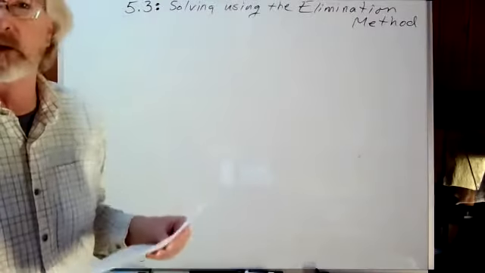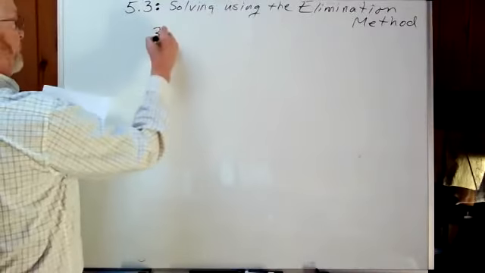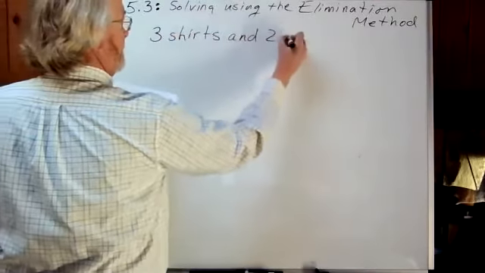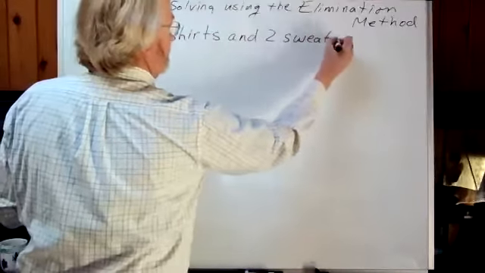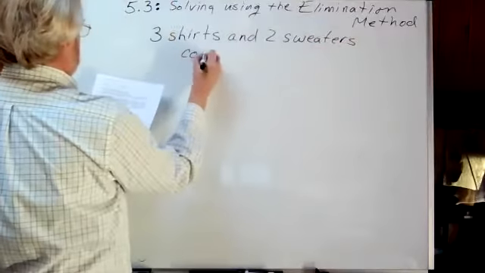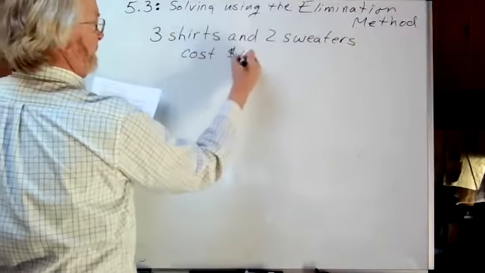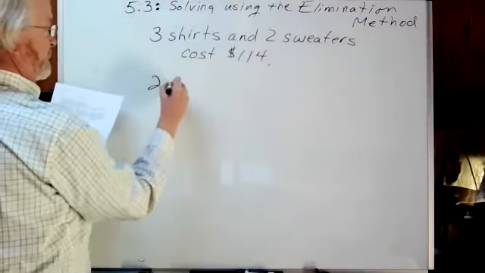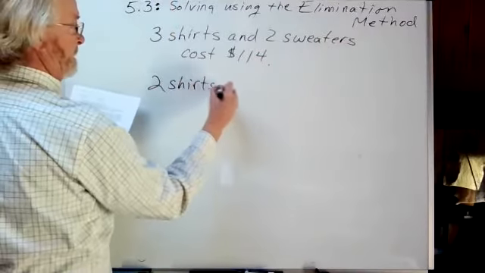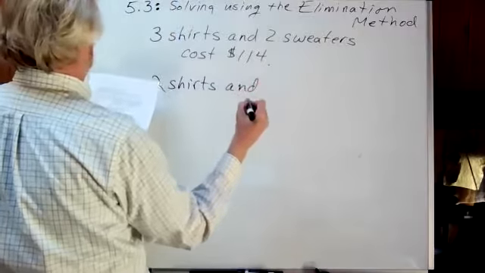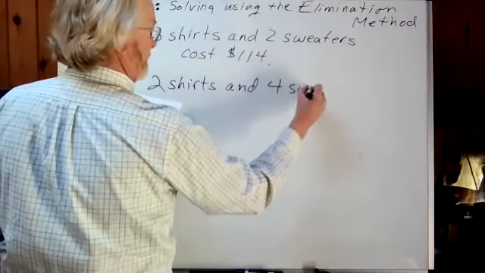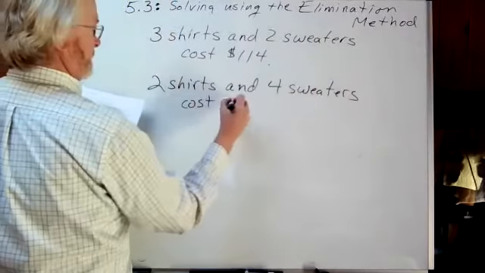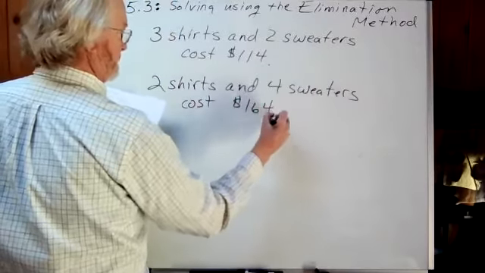A person is doing some shopping, right? 3 shirts and 2 sweaters cost $114. 2 shirts and, what's my numbers here? 4 sweaters, yeah, whatever, made up problems, cost $164.